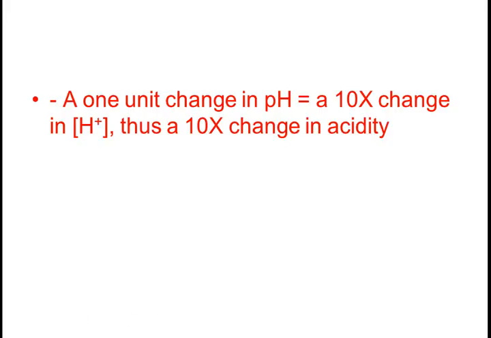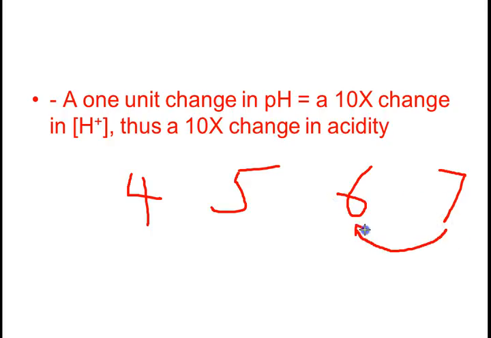So if we have a solution that is pH 4, pH 5, pH 6, and pH 7. Okay, so we go from here to here. This is a factor of 10.